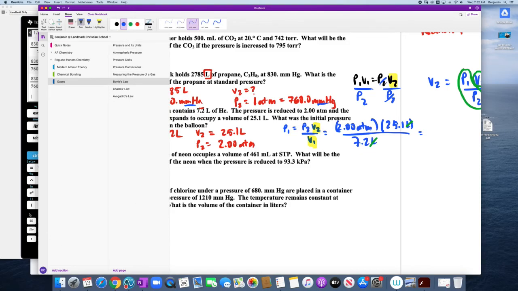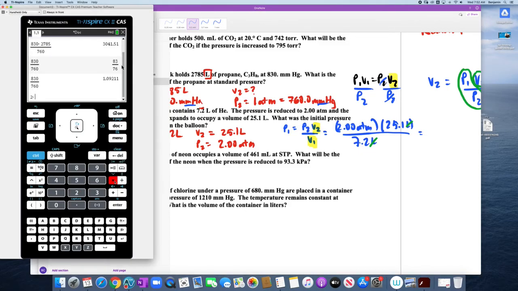All right, so 2 atmospheres times 25.1 liters divided by 7.2. That's 6.97. We rounded to 6.9, two significant figures.